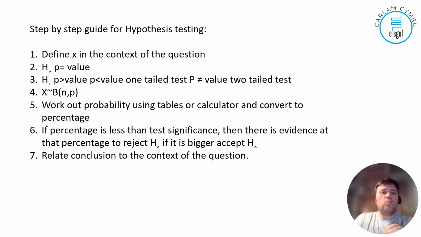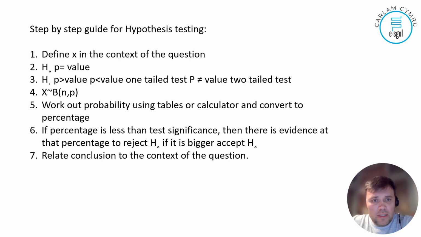Then you've got H0, the null hypothesis. That's the probability is equal to a specific value. Then you've got H1, where you have the probability is greater than that value, or the probability is less than that value. We call these a one-tailed test. It's not equal to, it has to be specific and strict inequalities.